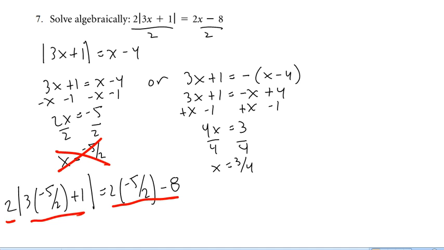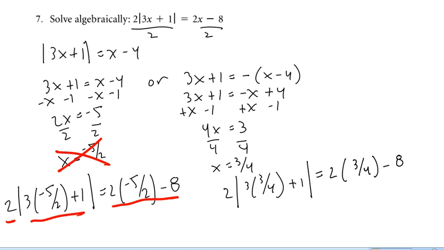Okay, let's try 3/4. Oops, that's not a bracket, that's an absolute value. So that gives us 2 times the absolute value of 9 over 4, plus, let's get a common denominator, 4 over 4, equals 6 over 4, minus 32 over 4.